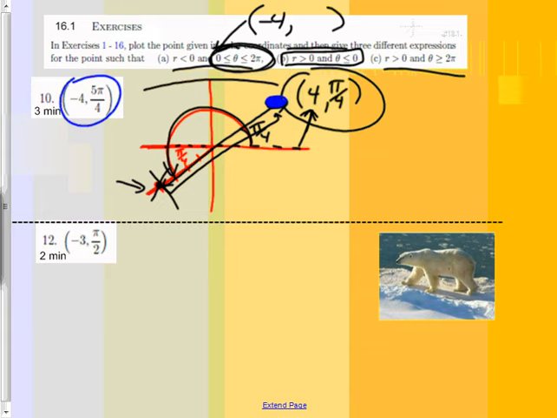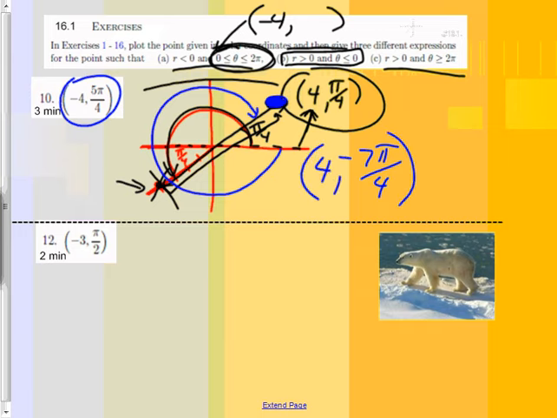I go all the way around here. And how far around am I going to need to go? Well, almost, since we're using pi over 4s, almost 8 pi over 4, but not quite. So that makes it negative, not 8 pi over 4, but negative 7 pi over 4. And the R value is still 4.